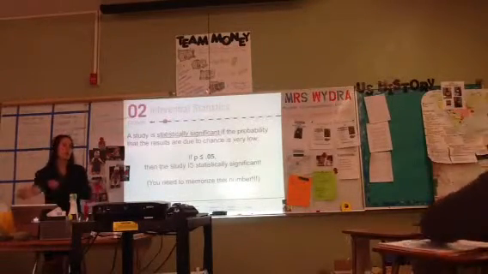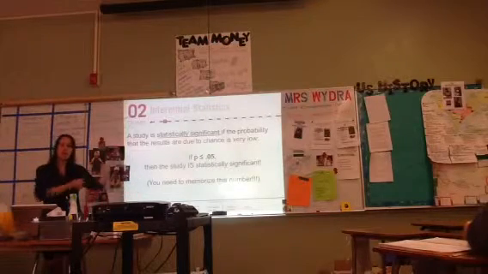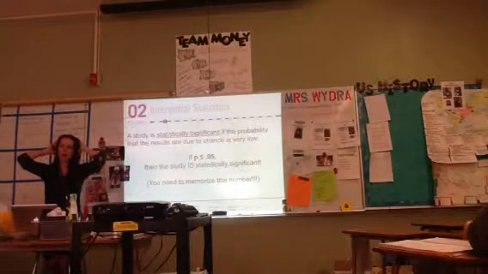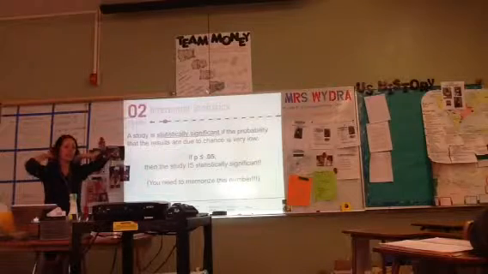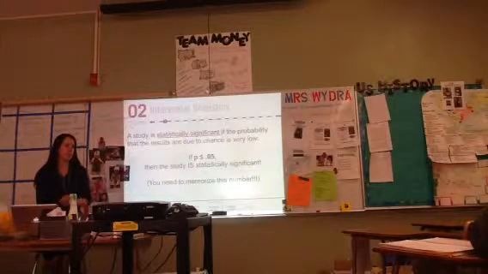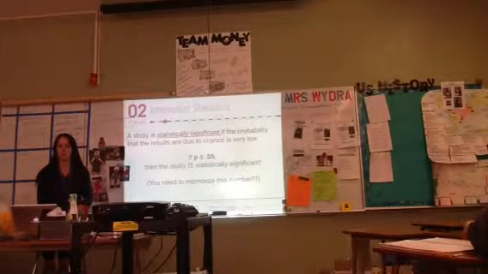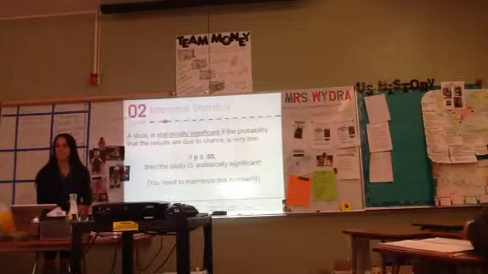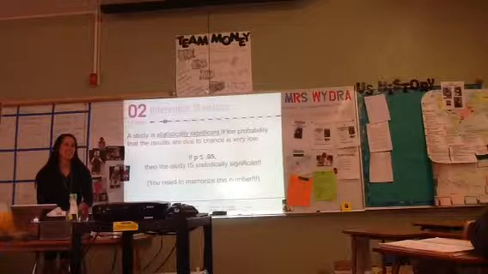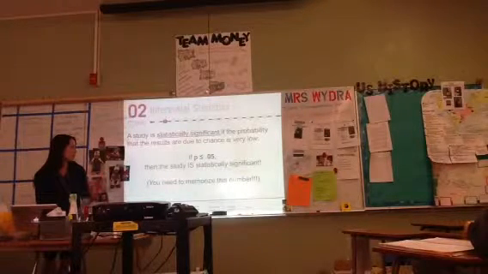Okay, remember p-value. P less than or equal to 0.05 means that the study is statistically significant, which means it's not likely that it was due to chance. Good, you guys remember. So p-value has to be less than or equal to 0.05.